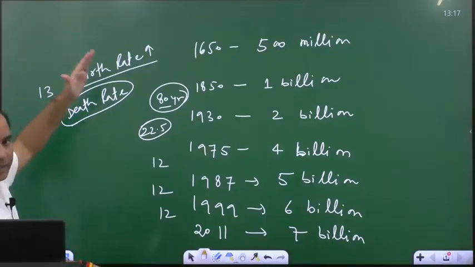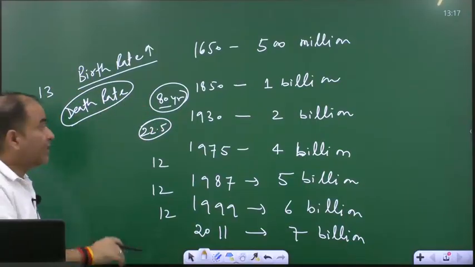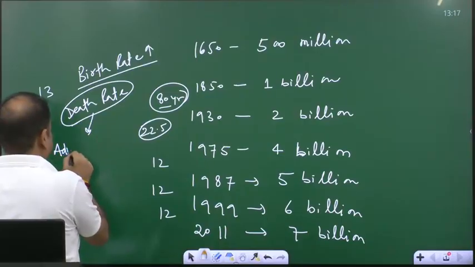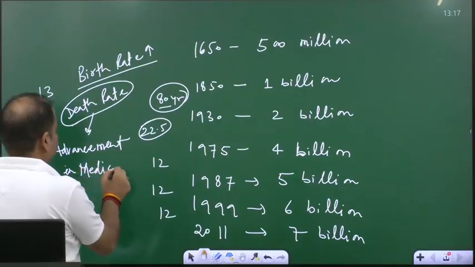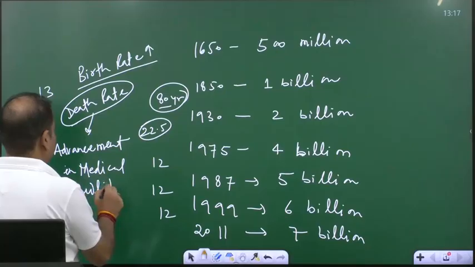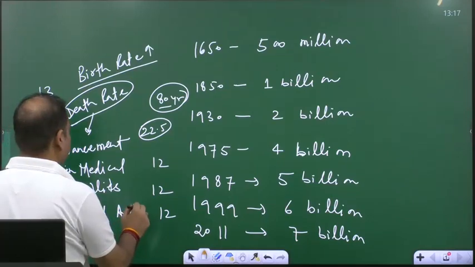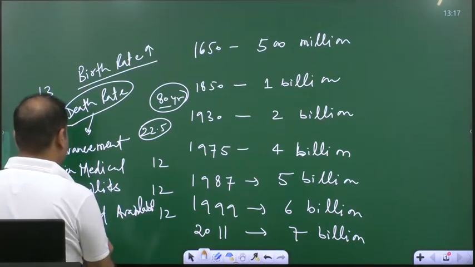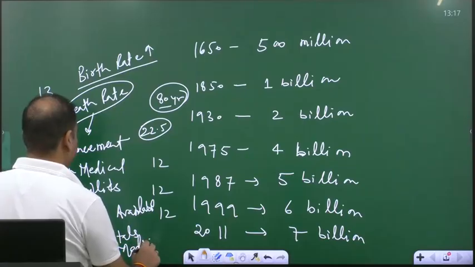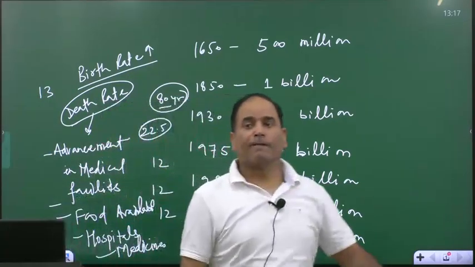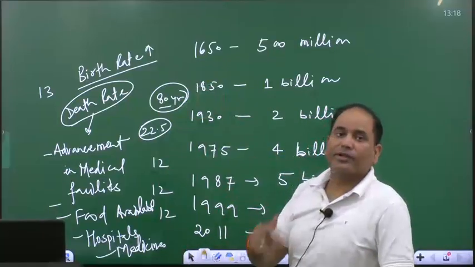But over a period of time, with advancement in medical facilities, availability of more food, hospitals, medicines, because of all these, what has happened? Ultimately, the death rate has gone down.